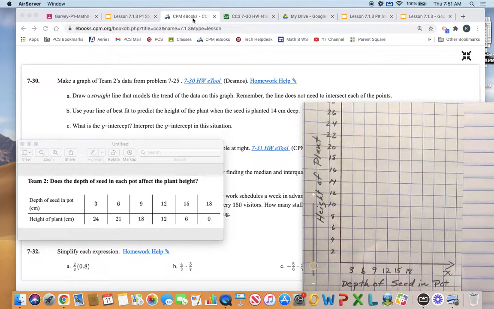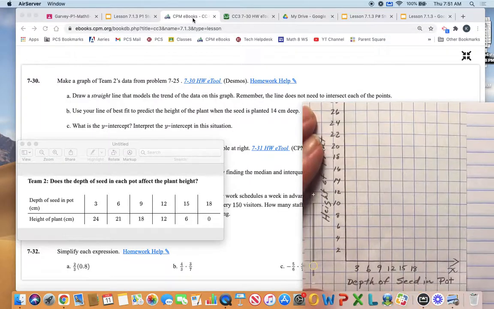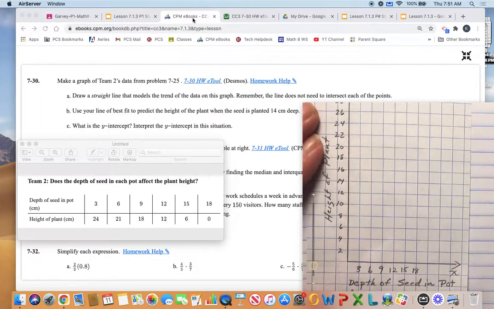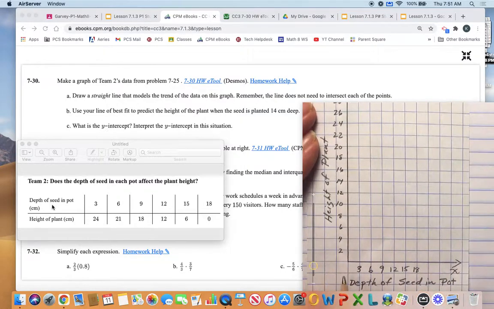So first of all, we have to make a graph. So the graph that I've set up for you here has the depth of seed in the pot, which is this information right here, as the independent variable, because that's the variable we're going to control. We can't control how high the plant grows. So that's our dependent variable.